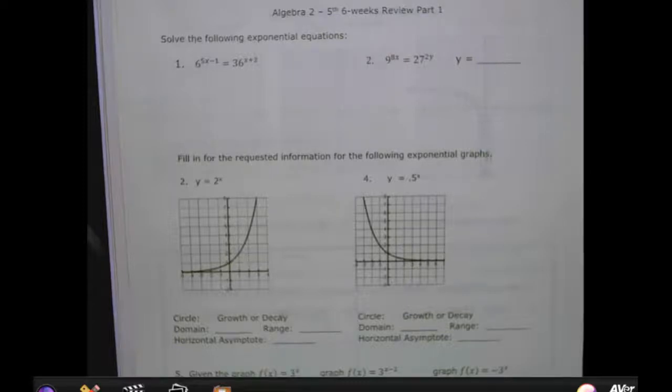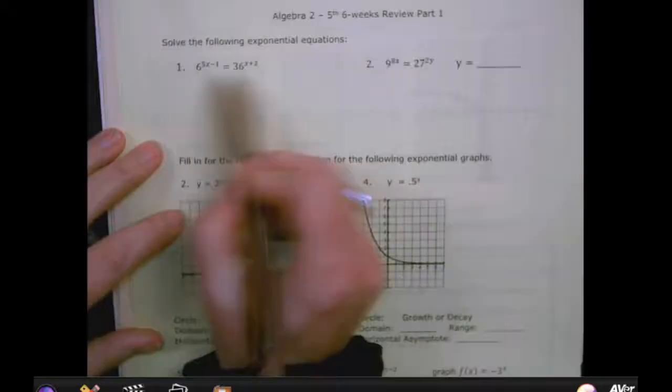Nobody knows? Common base. So what's the common base here?